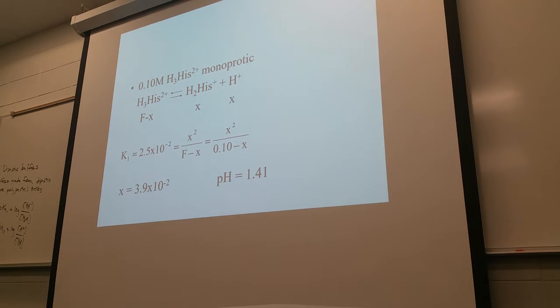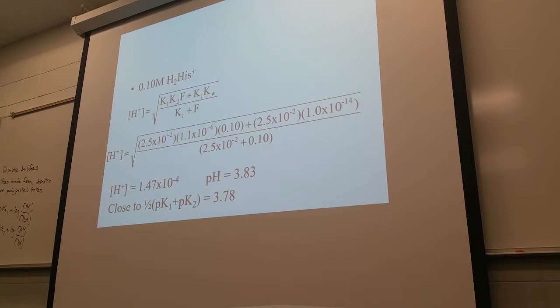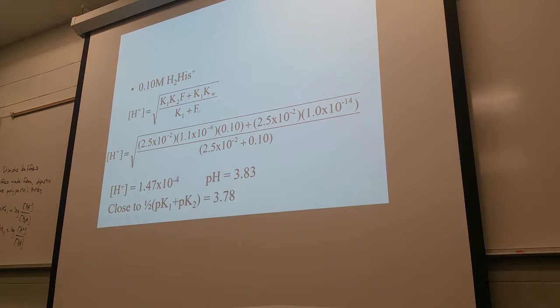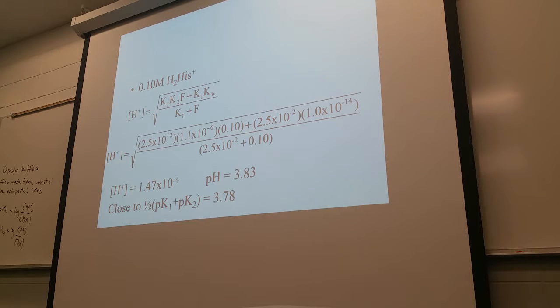What about the second one? So H2S, if you get the values of Ka1 and Ka2, it's Ka2 times F plus Ka1 times Kw, all over Ka1 plus F. I went ahead and calculated it all out here on the slide, just so you can see how the sausage is made, in case you wanted to work it out that way.